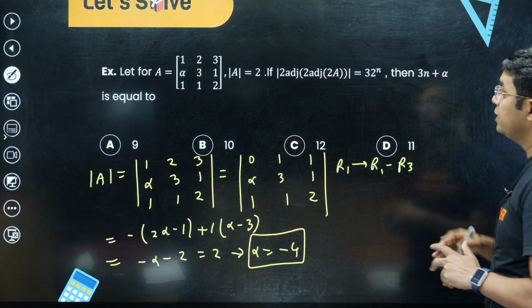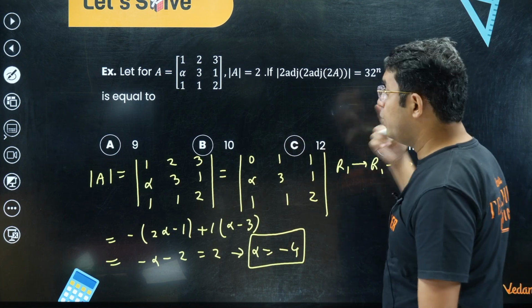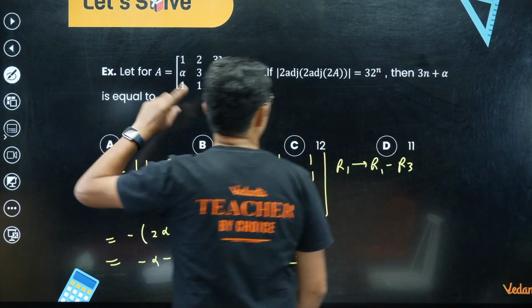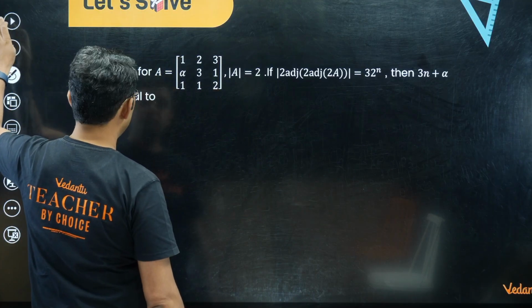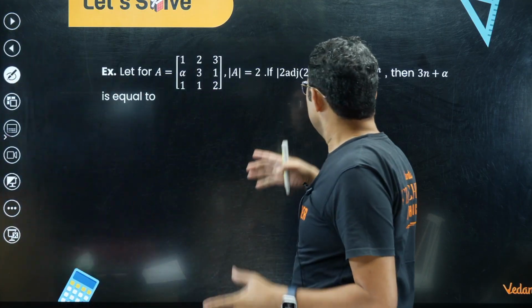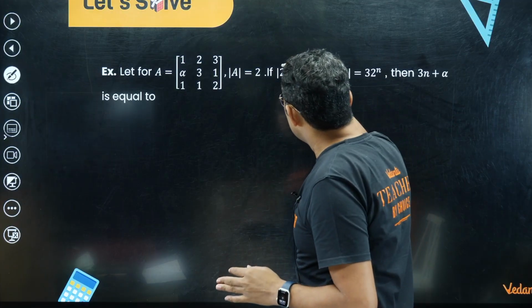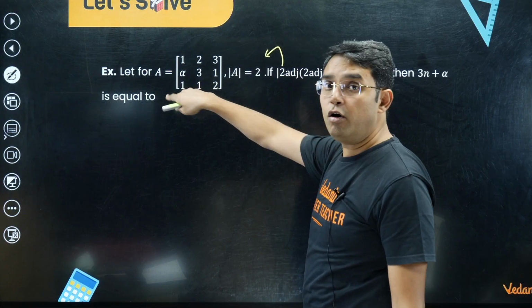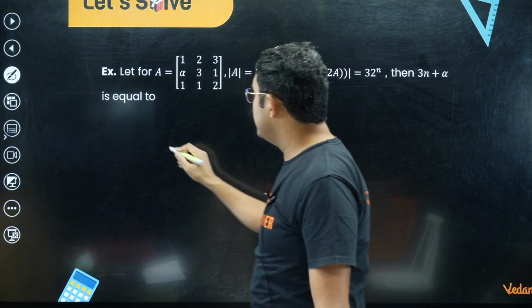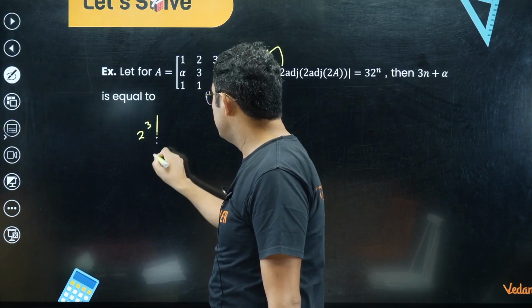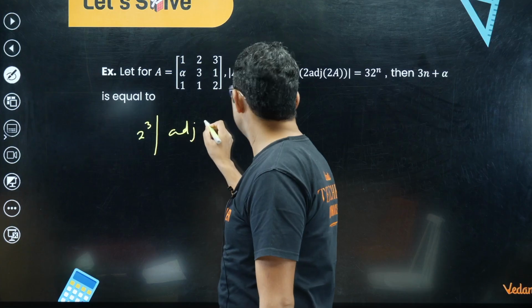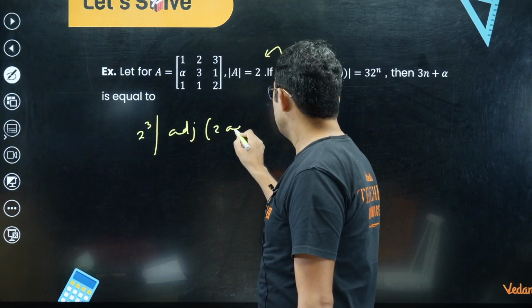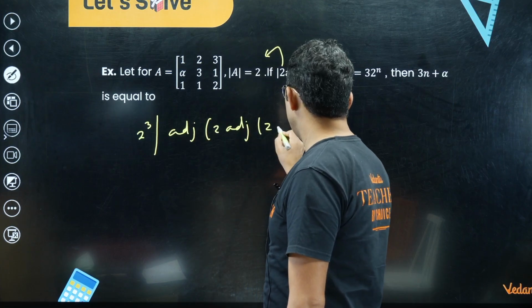Now the next part. Here we will be using a property I think we should all know, that is when some constant is taken out from a determinant, because the order of A is 3 by 3, when you take this 2 out it will be 2 cube, and then adjoint of 2 times adjoint of 2A.